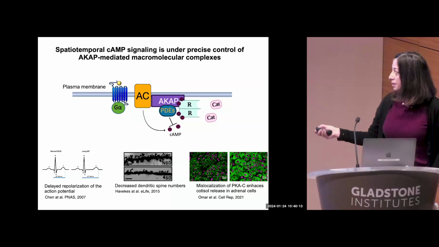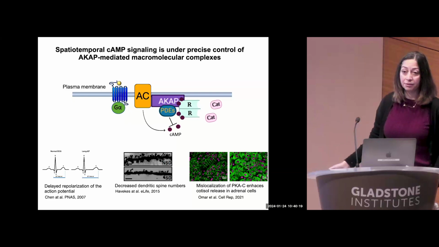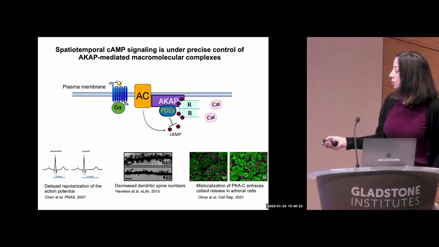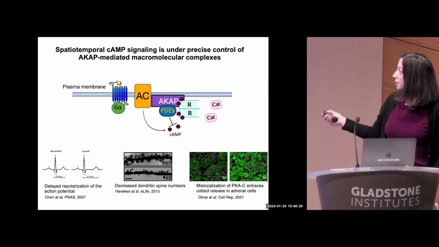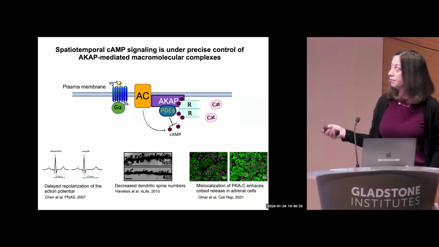In the nervous system, a decrease in the number of dendritic spines could be a mutation in another of these AKAP molecules, and also in some kinds of Cushing syndromes, where we have excessive cortisol release, it is because the catalytic subunit of PKA is displaced and is not compartmentalized to the cell surface.